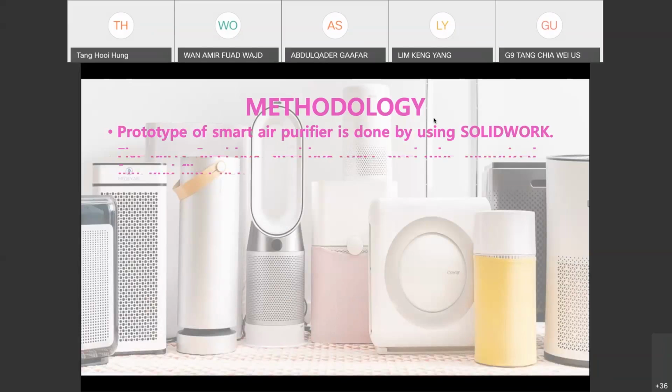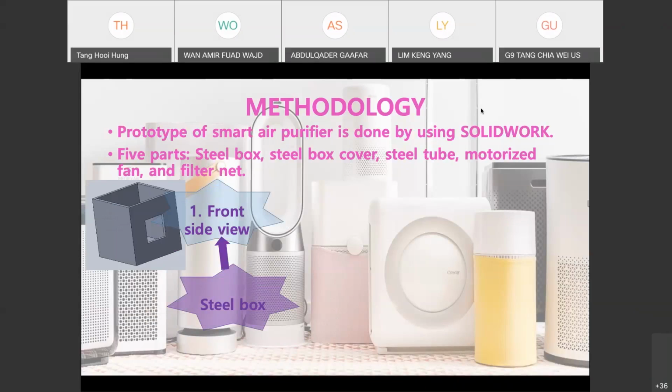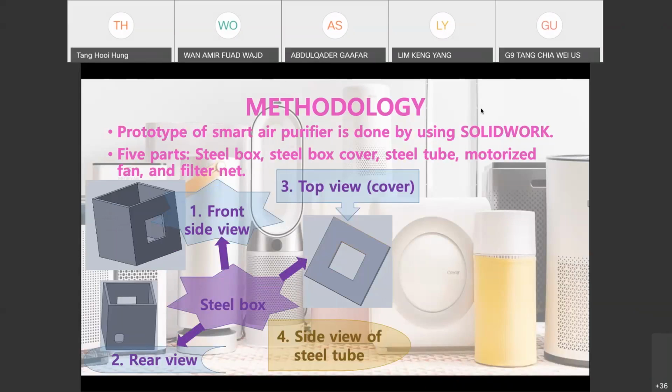Based on this methodology, the SolidWorks prototype of the smart air purifier is done using SolidWorks. There are 5 parts, which are the steel box cover, steel tube, motorized fan, and filter net. The diagram also shows the prototypes of the smart air purifier and its partial components.